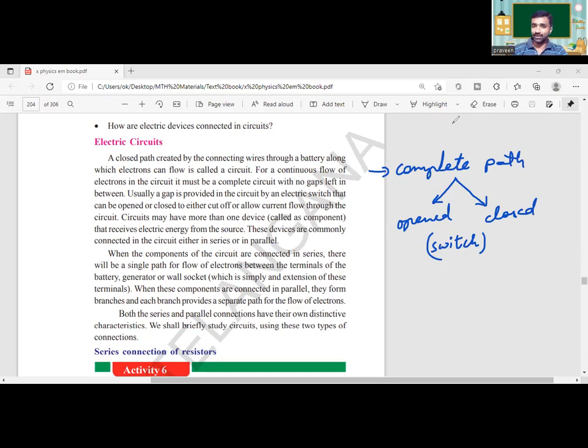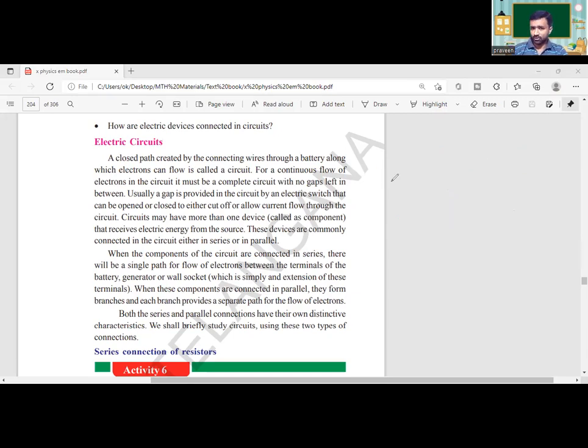Up to now we discussed only simple circuits consisting of one bulb, one cell, one switch, and connecting wires.